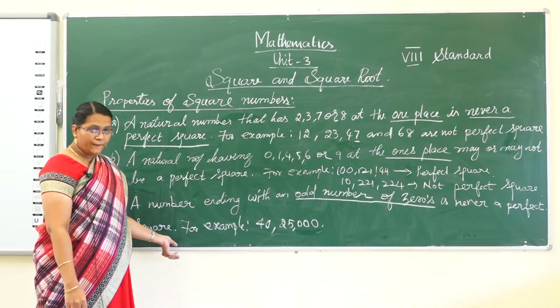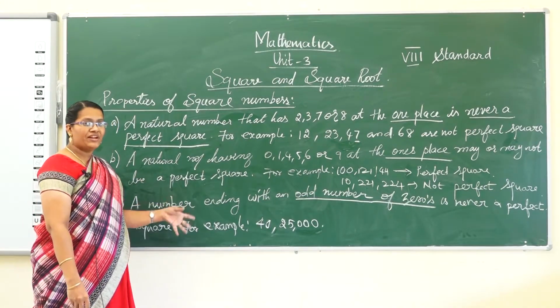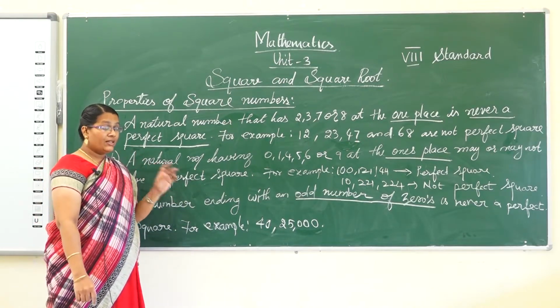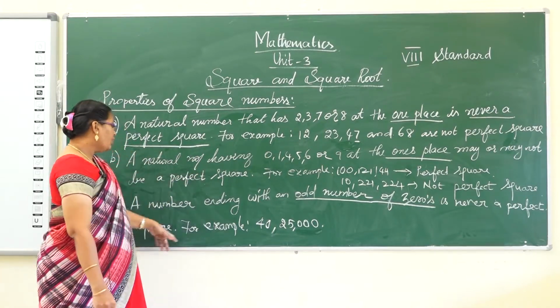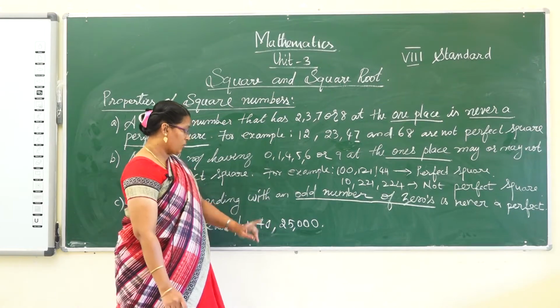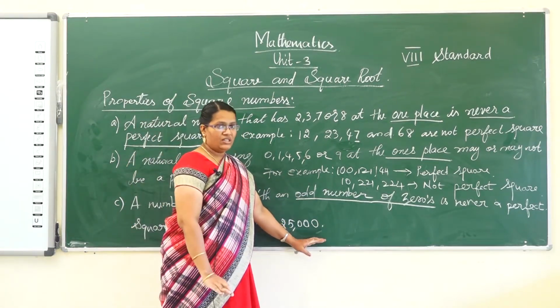If a perfect square, the zeros present should be even in number. So for example 14, an odd number of zeros, so it is not a perfect square. Here 3 zeros are there, it's also not a perfect square.